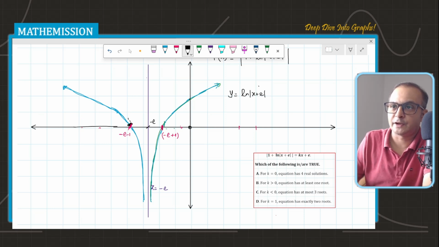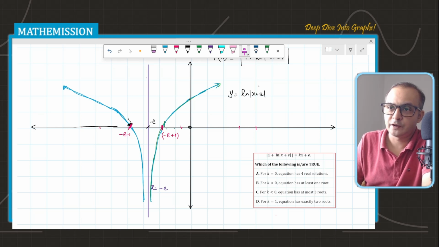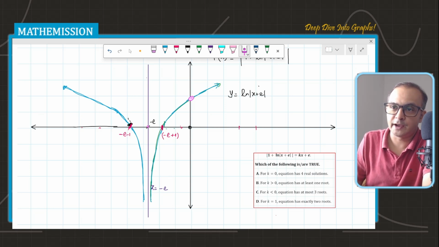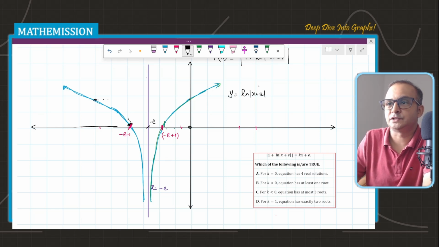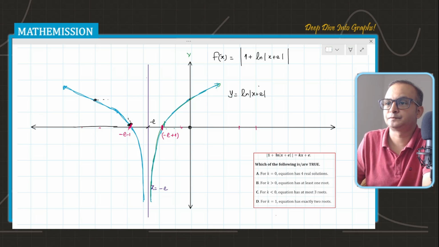It means when you're substituting 0, you are getting 1 there, it is for sure. So the same effect we have to see on the left to this x equals to -e line. So we are going from -e to 0. That means we are going e unit from -e to get this height. So I have to go again e unit before it to get the same height. It means this value what we are achieving at 1. So let me take the horizontal line.